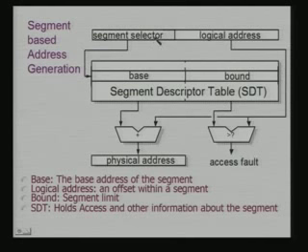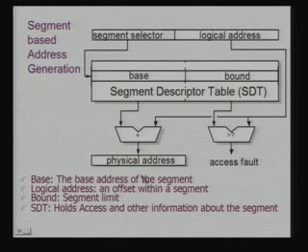The segment selector is used to access the base address of the segment in what we call the segment descriptor table. So, this gives me the starting point of the segment. That starting point is added to the offset to get the physical address. This is the address using which a location is accessed in the primary memory like DRAM or SDRAM.